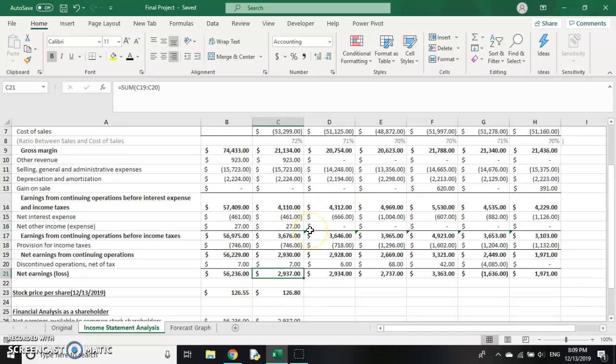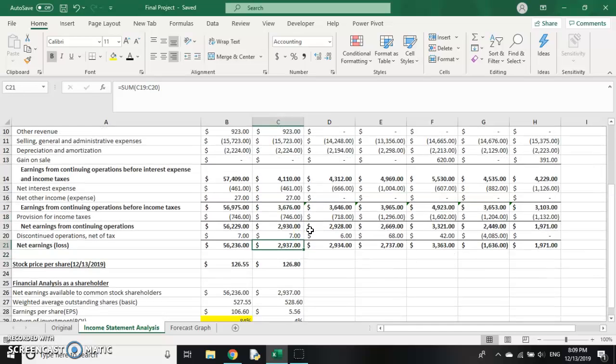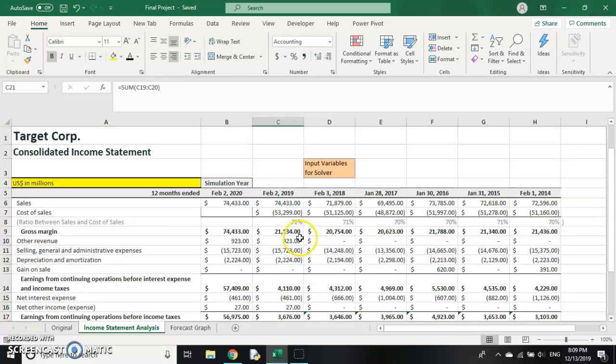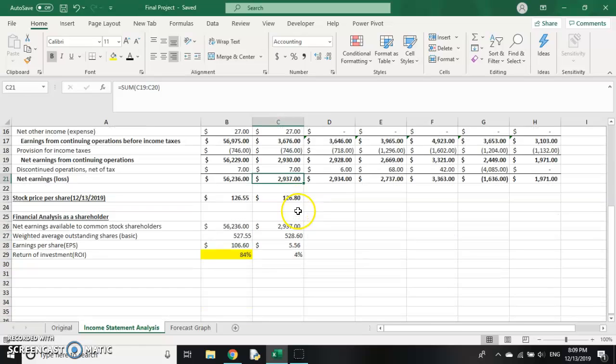What I want to do here is pretend to be a potential investor in Target. For the year of 2019, I calculated a return on investment of 4% for Target. It's not a very realistic percentage for investors.